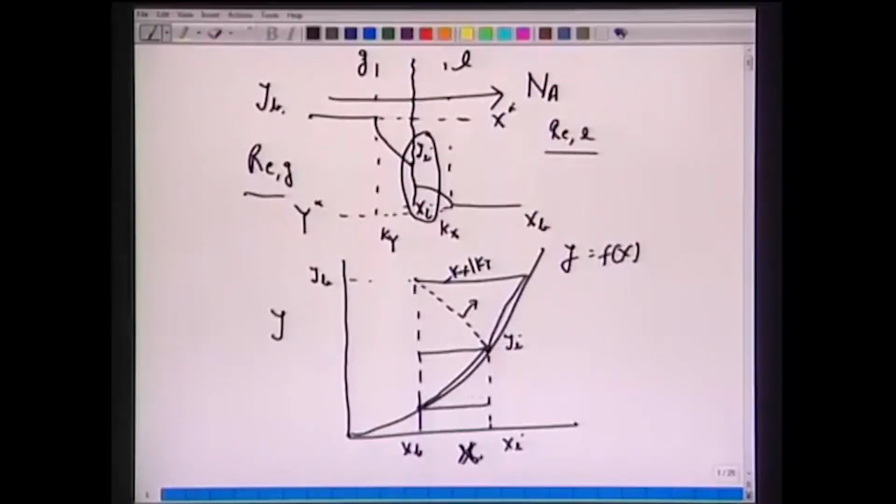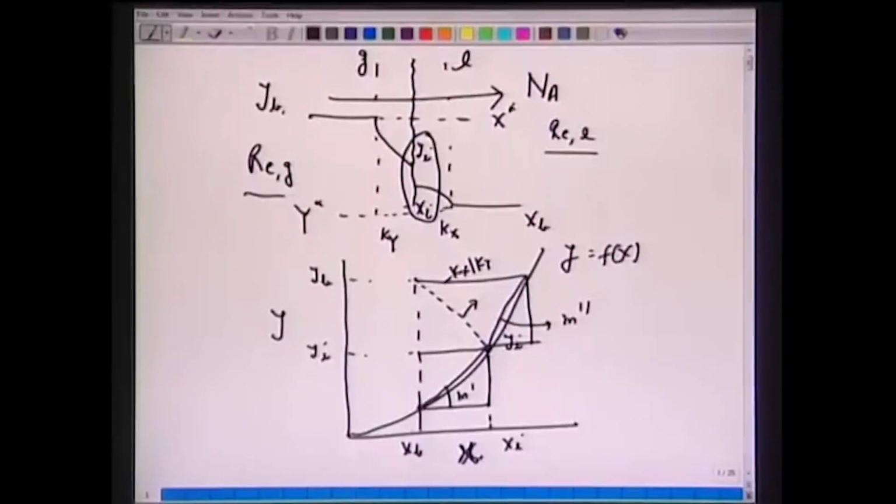If you recall, this is your m dash, this triangle, the slope, and this slope here is m double prime. Okay, so let's look at this. We have yB here, yi here, and we have xi and xB coordinates here.